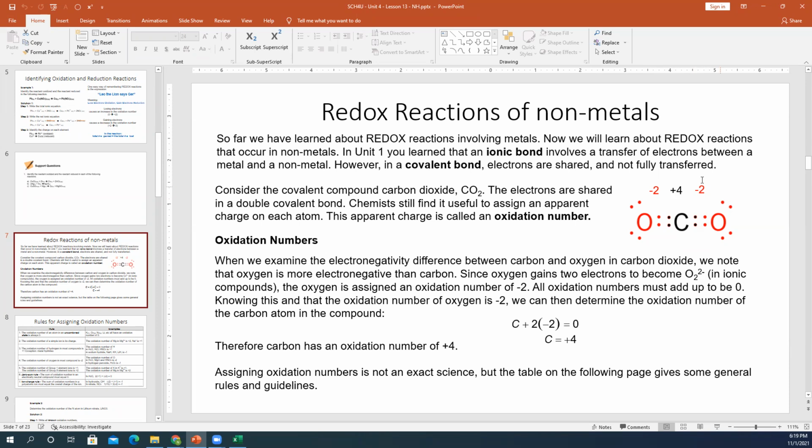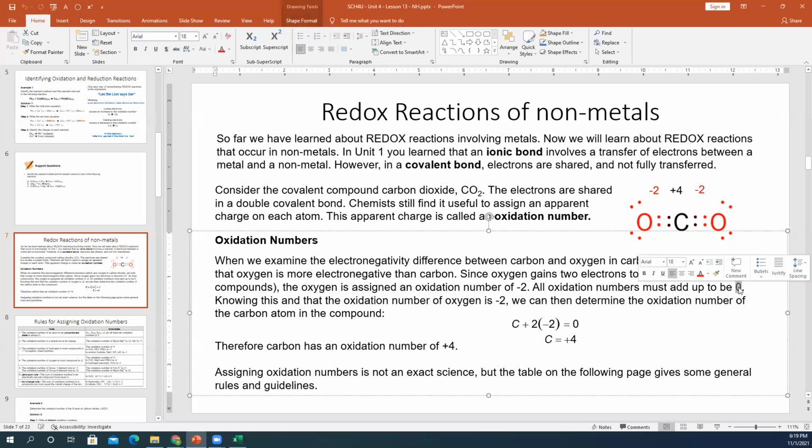Since CO2 has no overall charge, it's neutral, all of these oxidation numbers have to add up to ultimately become 0.